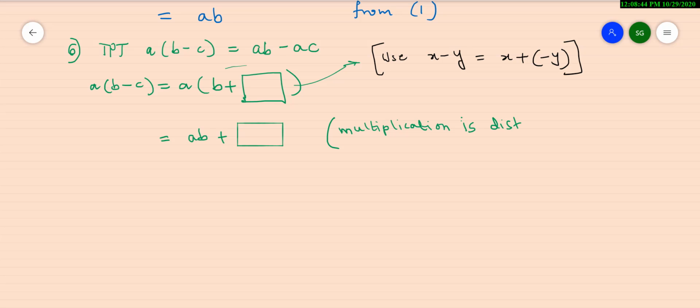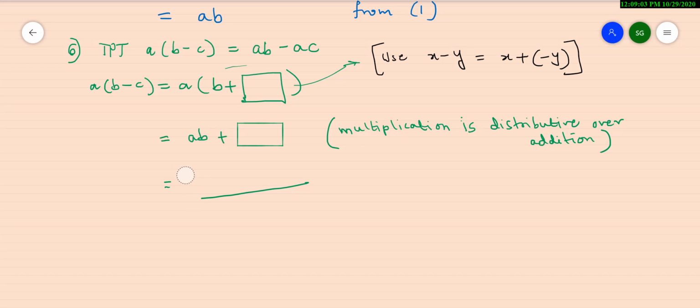So fill in the gap accordingly. And then you get the next step. And then you get the next step.